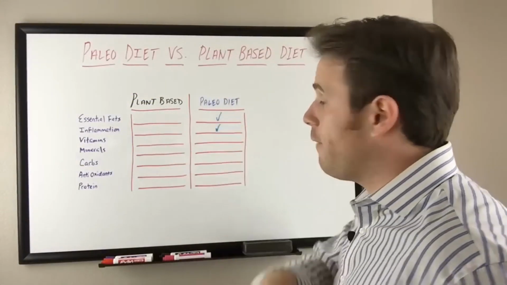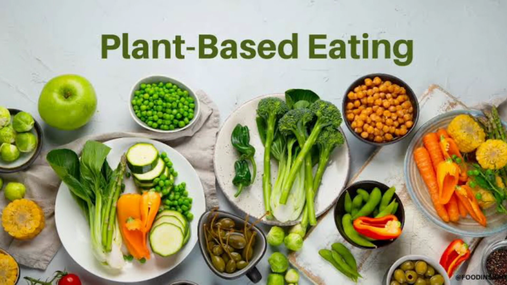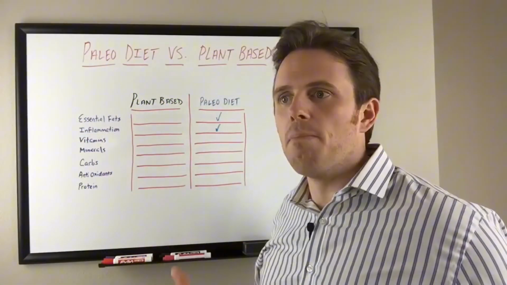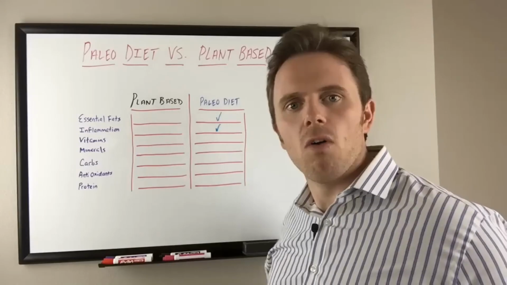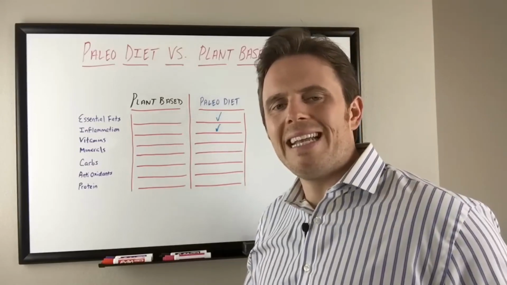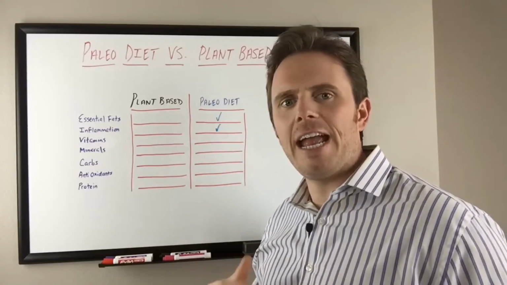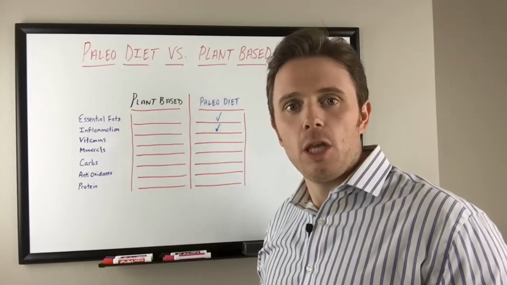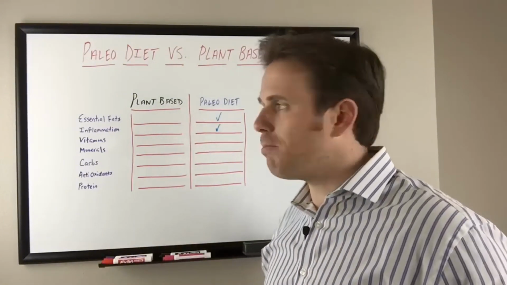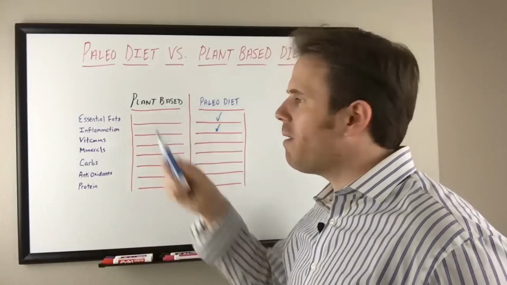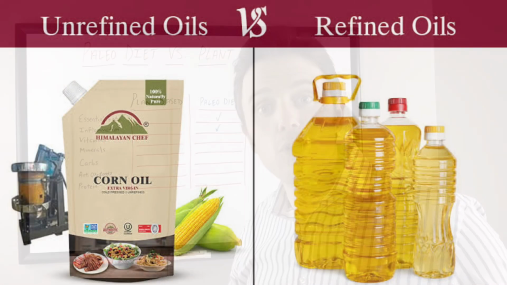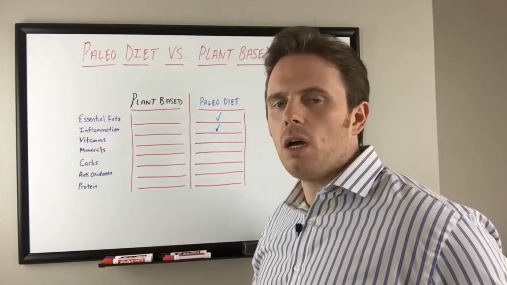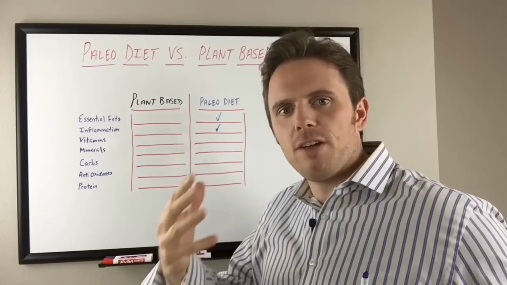At the same time, if you're eating a plant-based diet but also cutting out the grains, eating coconut oil, avocado, maybe some flax, maybe some olive oil, maybe even some DHA algae, you could potentially reduce inflammation, and you may not be adding a whole bunch of inflammation. But if you're doing this wrong, if you're eating a whole bunch of refined vegetable oils, like soybean, safflower, canola, these are the vegetable oils that are refined.